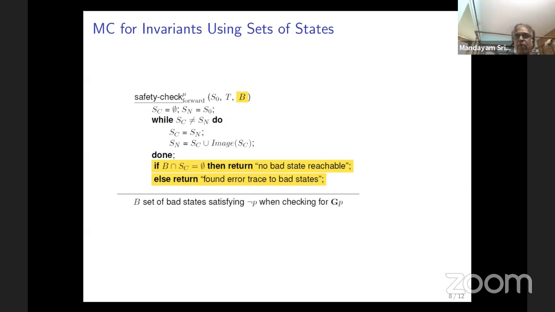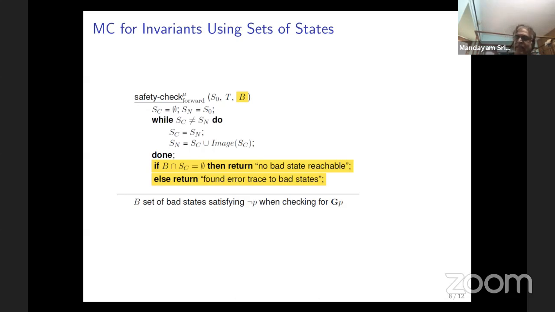An invariant property is a very special kind of safety property. I'm not sure if I defined it or not. It is really either AG of P or G of P, where P is atomic, a predicate, and doesn't have any CTL operators. Where P is a predicate on states, that is what is called an invariant property.